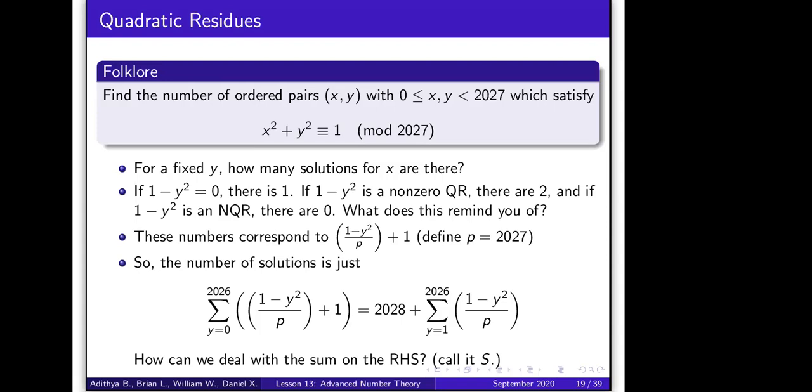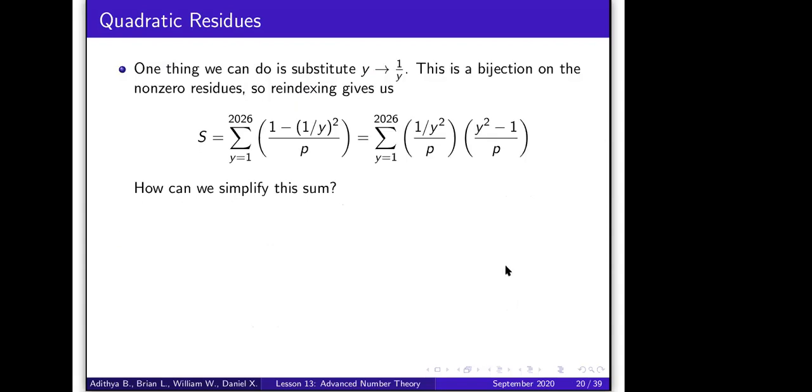We're going to substitute 1 over y for y. So note that when we replace y with 1 over y, this is a bijection since 2027 is prime. So this means that 1, 1/2, 1/3, all the way to 1 over 2026 is actually just a permutation of the numbers 1, 2, 3, all the way to 2026.